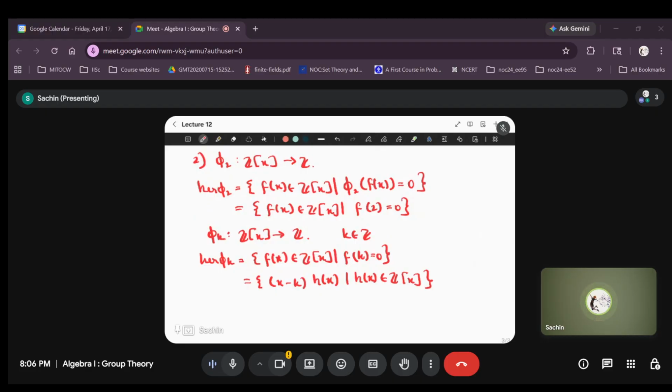Okay, we'll stop here. We have some properties of ideals left. After that, if you want, I can do problems. If you don't want problems, you can skip.